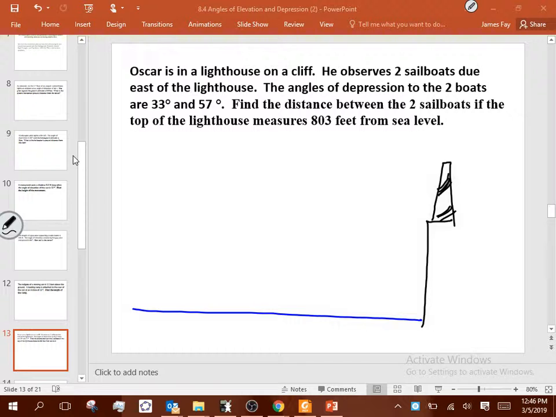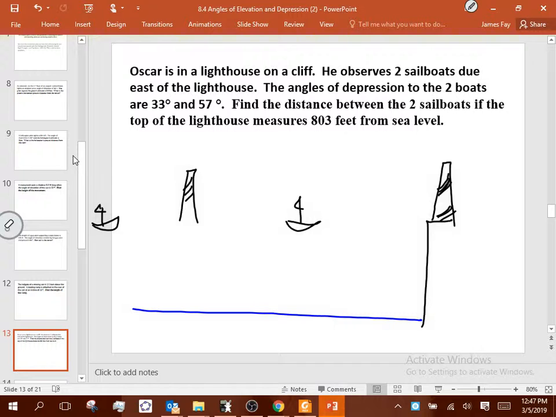He's looking down at 2 sailboats. It says they're due east, and that's just telling us that sailboat number 1 is not on one side of the lighthouse and sailboat number 2 on the other, so they're not separate. Does that make sense?